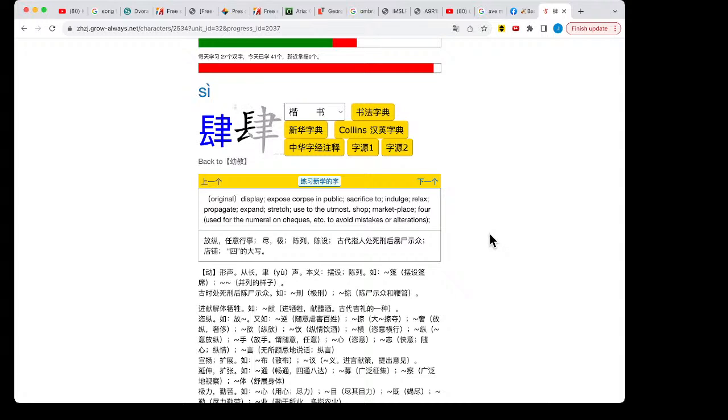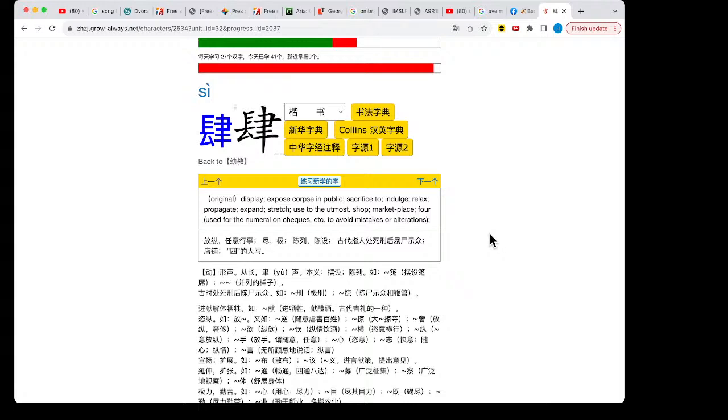The second meaning is indulge, propagate, expand, stretch. So basically you're spreading, stretching, getting the stuff everywhere. It also means to the full extent, used to the utmost.